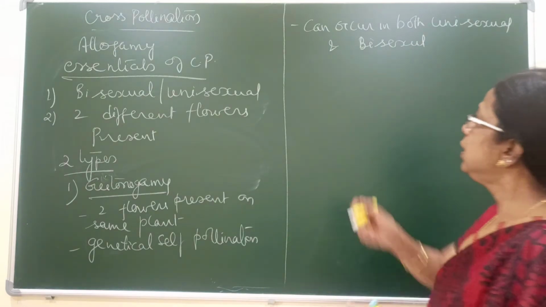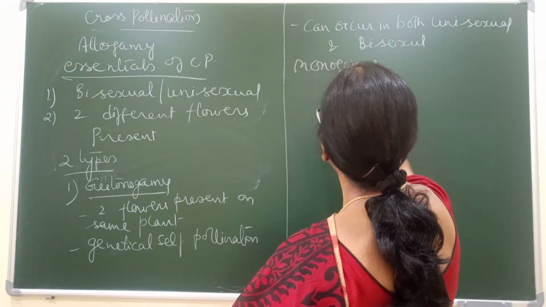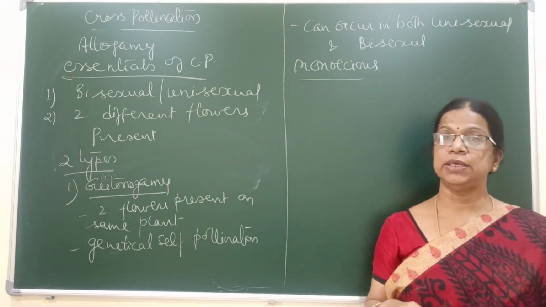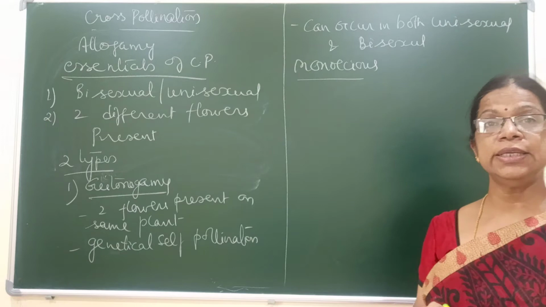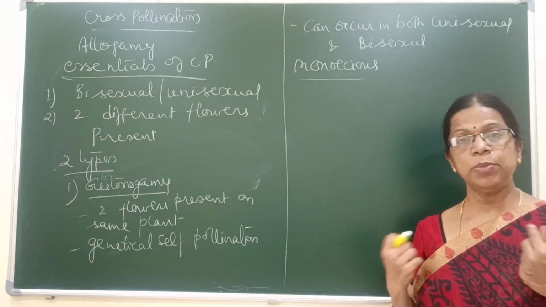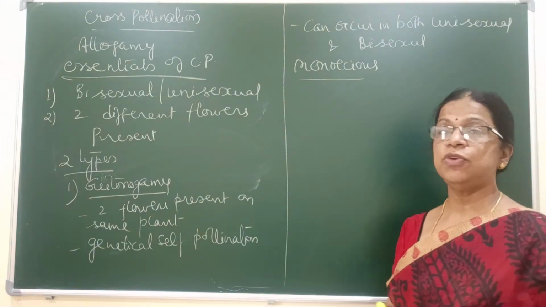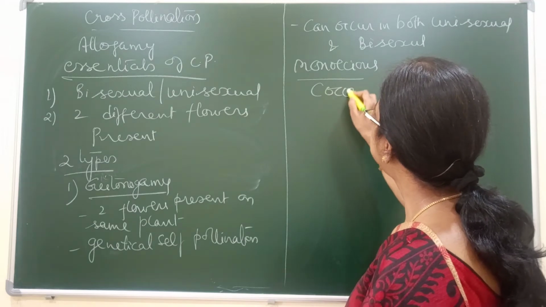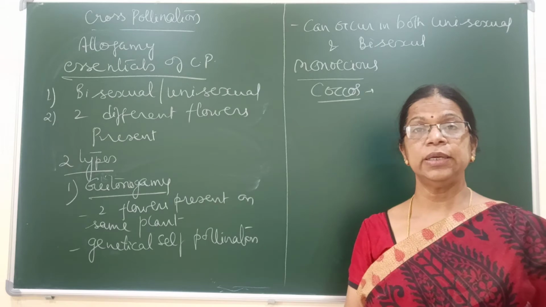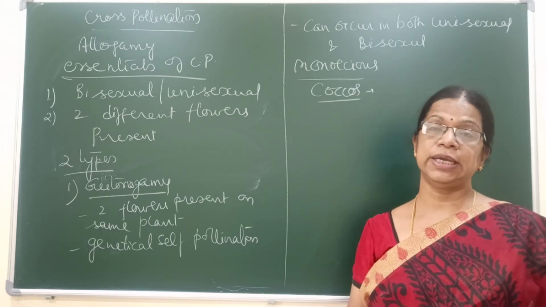Suppose we take the monoecious condition. We know the monoecious condition is when unisexual flowers are present on the same plant. We find it in some lower plants, and in coconut. Carica papaya, of course, is a dioecious condition.